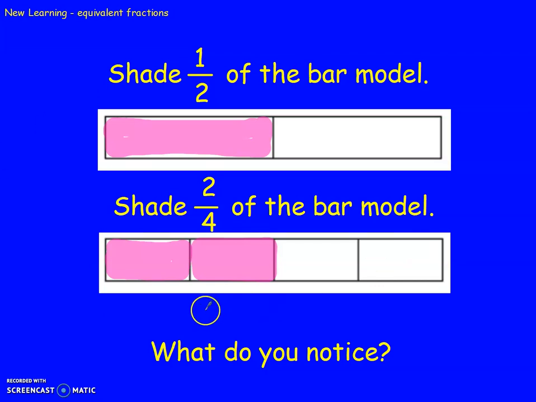So if you imagine the first one being split into 4 equal parts, it looks just like the bottom one, okay? But if we take those back off, it's only split into 2 equal parts, but the same amount of each shape is shaded. So that means that 1/2 is the equivalent, the same as 2/4.